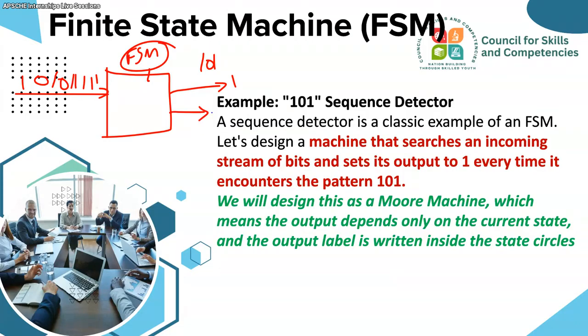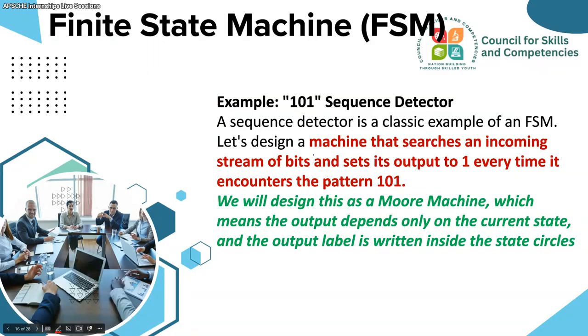When it does not find it, it will give 0. Hope you are all able to understand this problem. This is the problem statement: let's design a machine that searches an incoming stream of bits and sets its output to 1 every time it encounters the pattern 101. Each and every time it encounters the pattern 101, it will give 1.